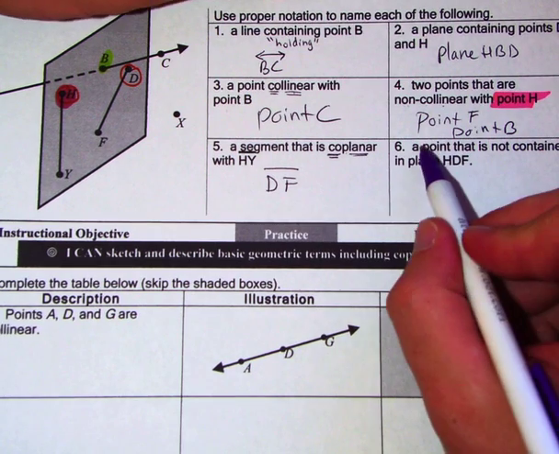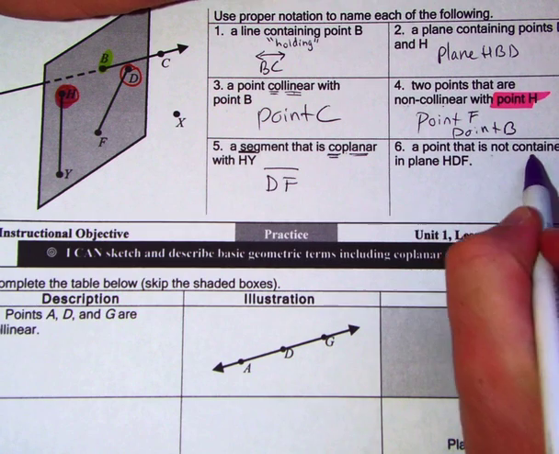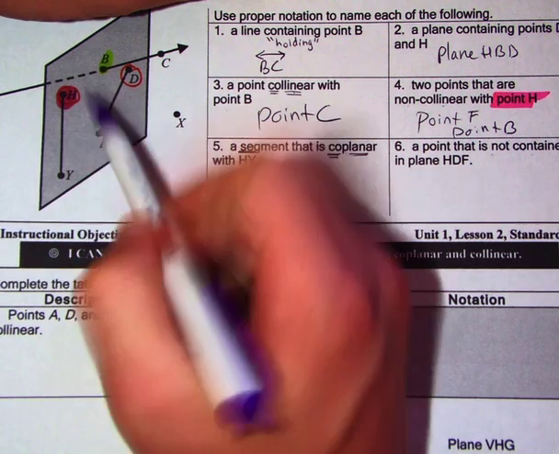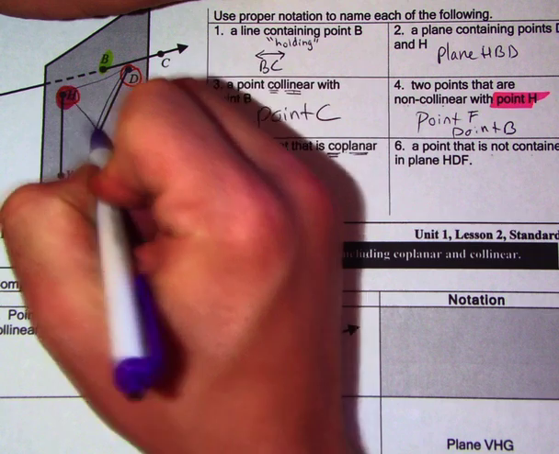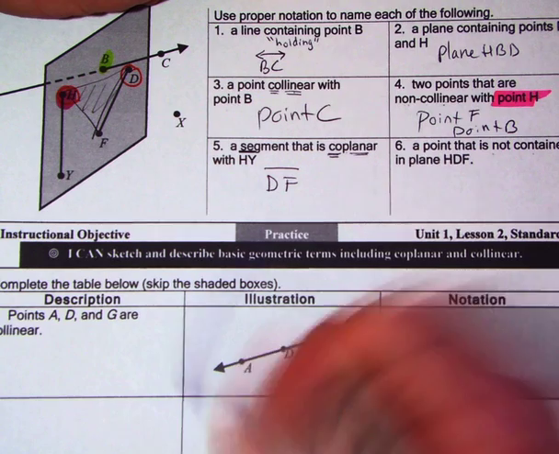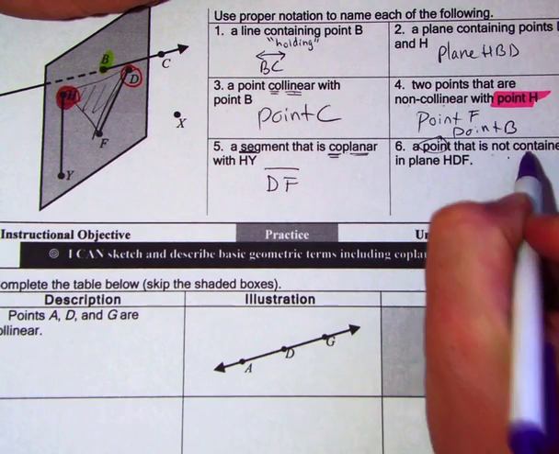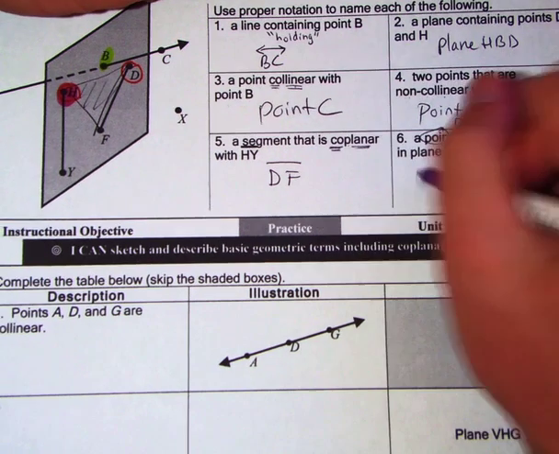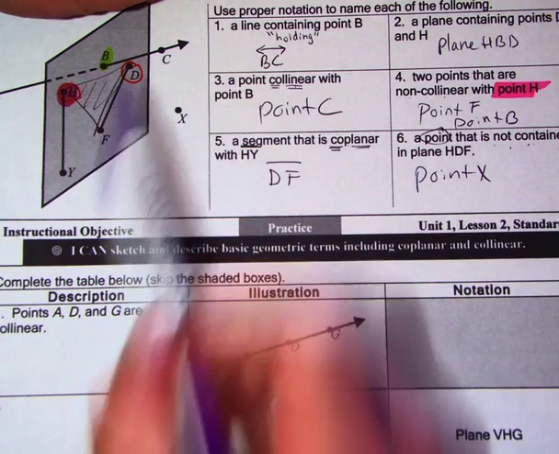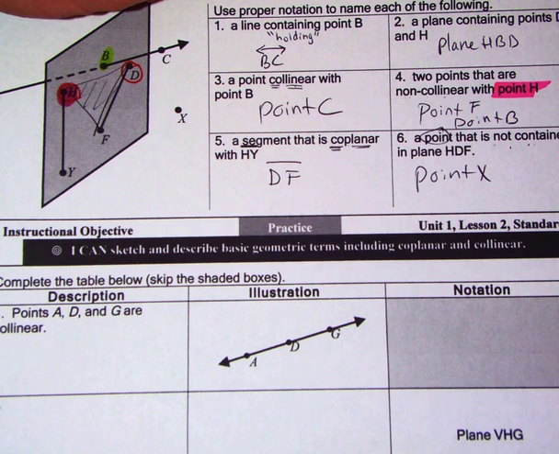Lastly, let's name a point that's not contained in plane HDF. HDF, that's the shaded plane. So let's name a point that's not contained in that plane. You might say point X, maybe you might say point C, because they're not on that shaded plane.